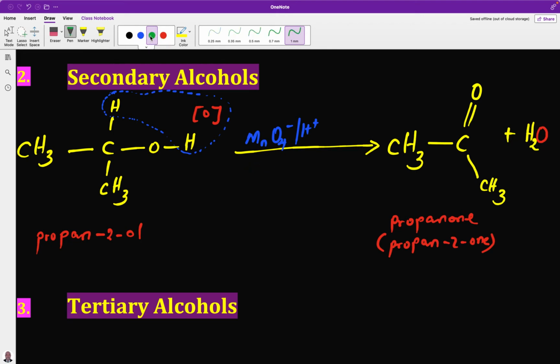You can either use acidified potassium manganate 7, or you can use acidified potassium dichromate 6. You can either use this or this. Then you have to heat under reflux. Heat under reflux.